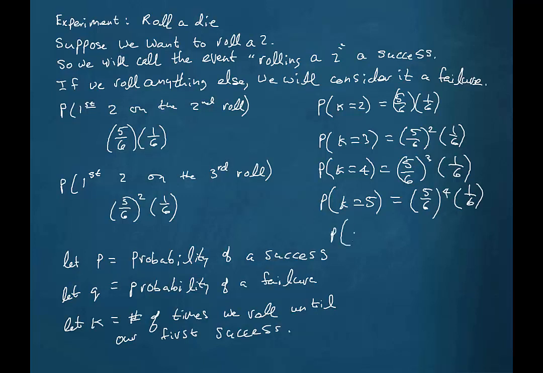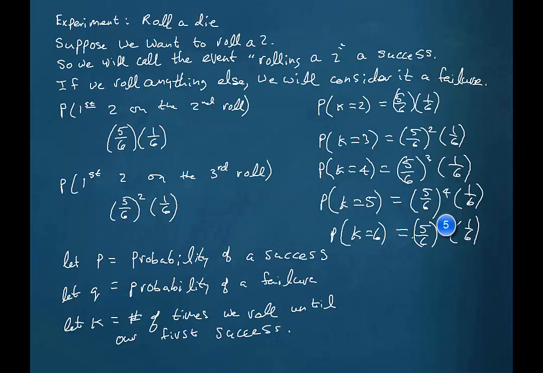The probability that K would be 6, we'd have to have 5 failures before we had our first success. So, one thing we left out up at the top here was the probability that K would equal 1. And that would just be the probability of rolling a 2, or the probability of a success.